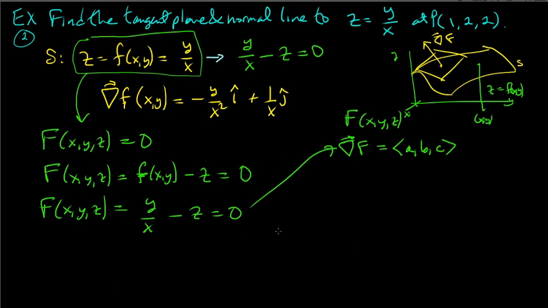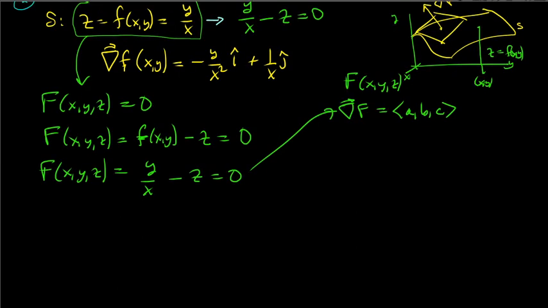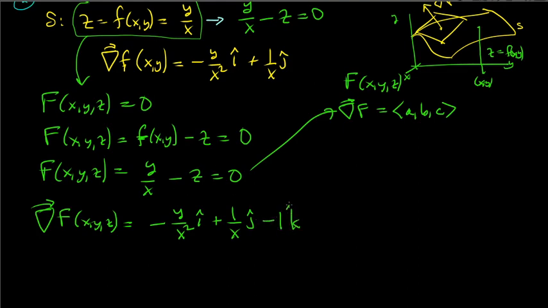Now we can take the gradient of capital F. And you can see the partial with respect to x is still going to be negative y over x squared times i. And with respect to y, you just get plus 1 over x times j. And now the partial derivative with respect to z is just negative 1 times k. And in fact, it's always going to be negative 1. If you subtract z, then the derivative of negative z is just negative 1.